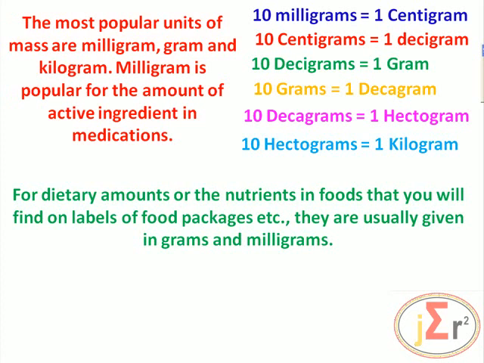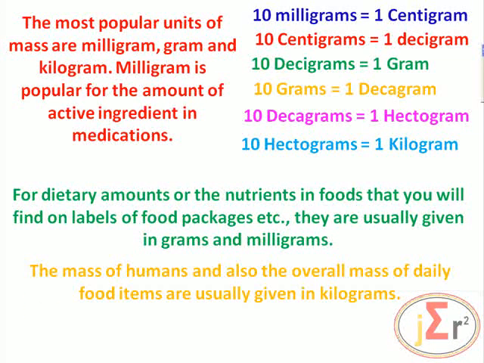That is for the measurement of mass. And the active ingredients in medications are usually quoted in milligrams. The mass of humans and also the overall mass of daily food items are usually given in kilograms.